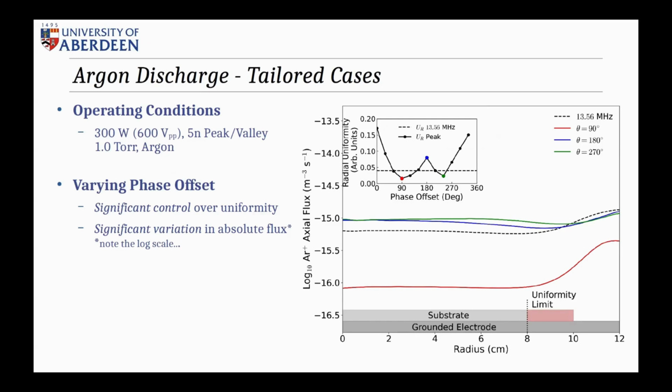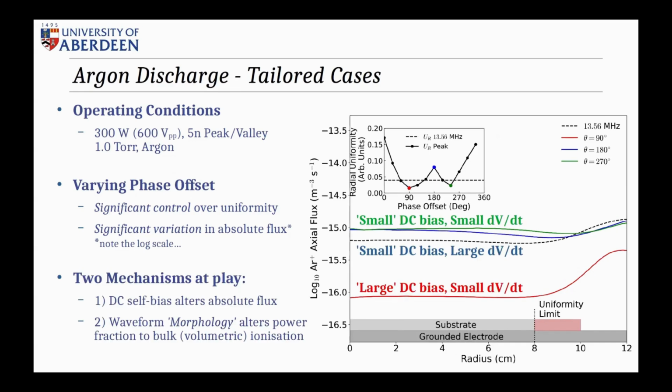And in fact, again, your best case at 90 degrees there is good enough for ALE, ALD in this particular configuration. And what you will see here, I've tried to put a couple of different factors at play. You get two ideal cases. This case here at 90 is using the waveform morphology to control the uniformity, but it's got a large DC self-bias, like a very negative one, so you get a very large flux.